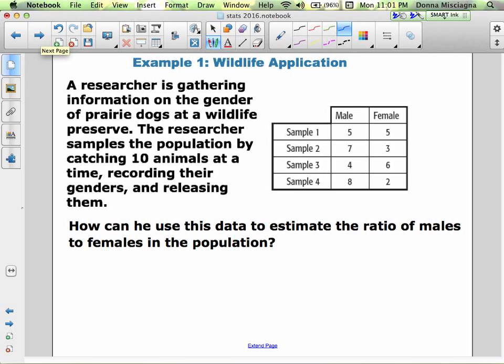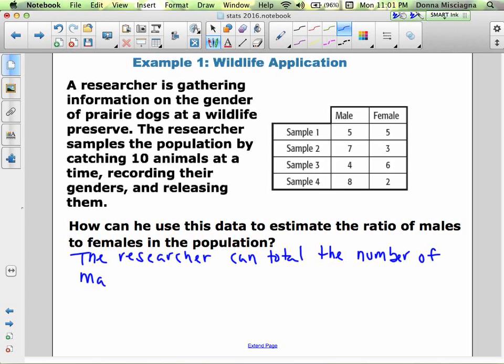So the researcher can total the number of males and females in the sample of prairie dogs.